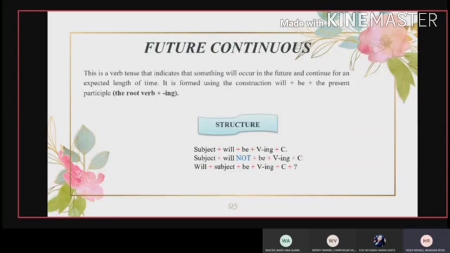Structure: subject plus will plus be plus verb ing plus complement. Negative: subject plus will not plus be plus verb ing plus complement. Question: will plus subject plus be plus verb ing plus complement plus question mark.